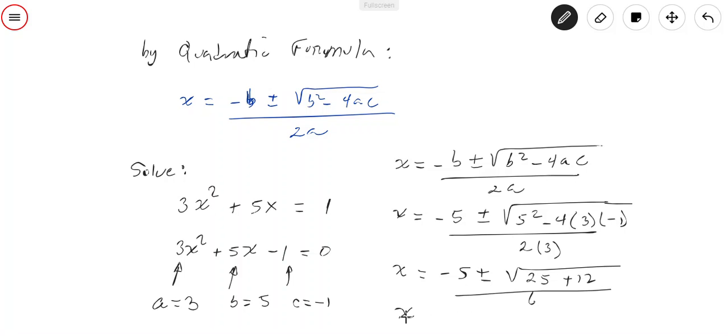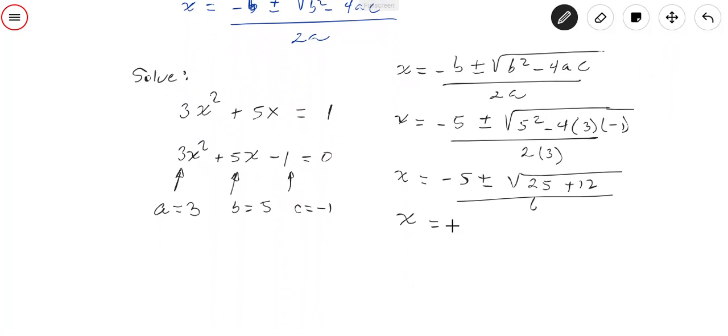So x equals negative 5 plus minus the square root of 25 plus 12, which is 37, over 6. We cannot simplify this square root of 37 anymore, so we can leave it like that.